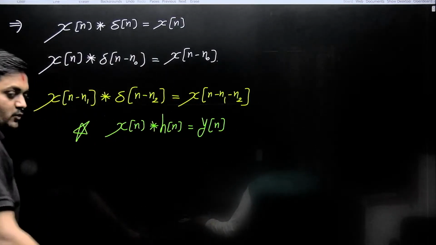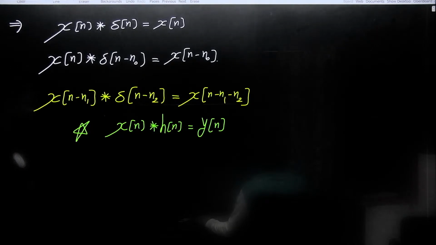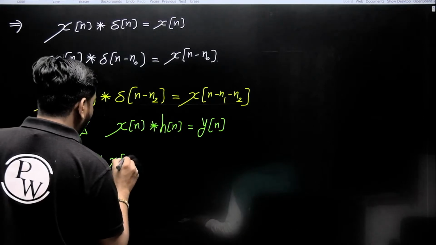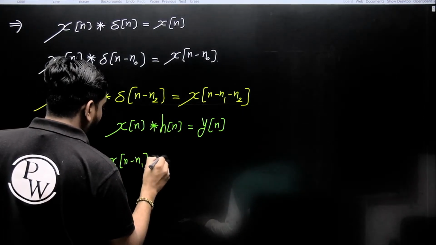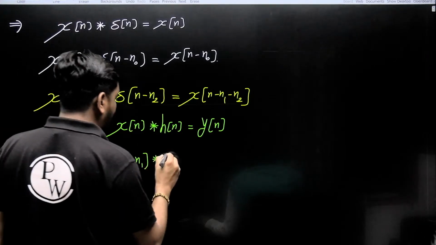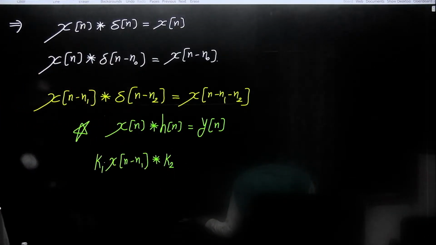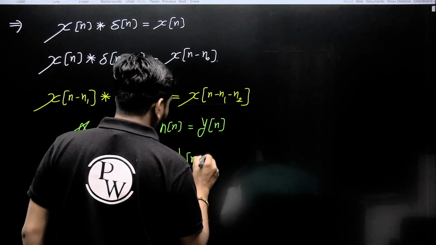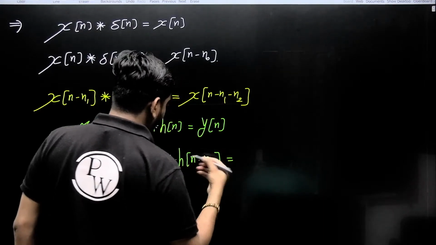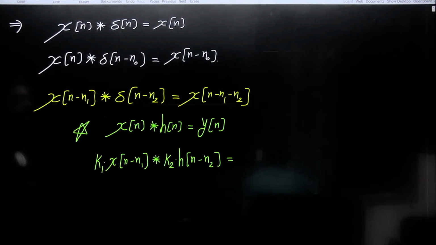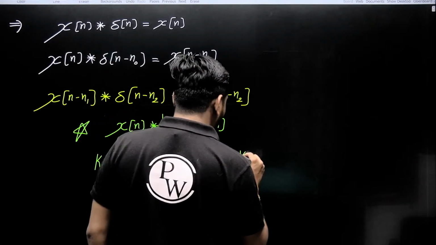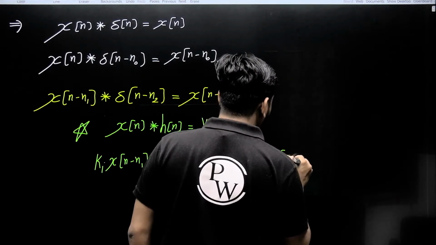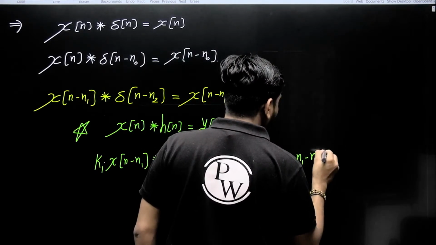Then if this is amplitude scaled by k1 and delayed by n1 seconds, and the other is scaled by k2 and delayed by n2 seconds, then the overall output will be scaled by k1 into k2 and delayed by n1 plus n2, that is k1 k2 into y of n minus n1 minus n2.